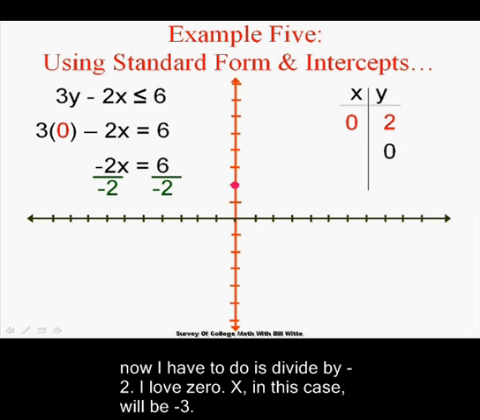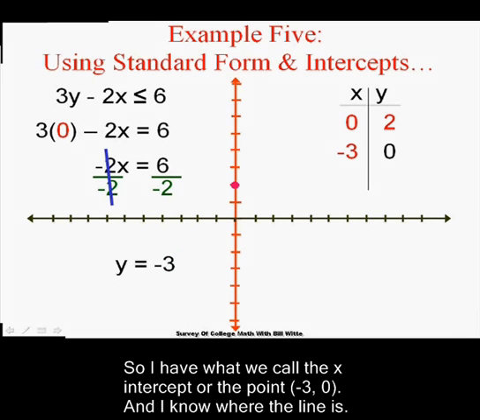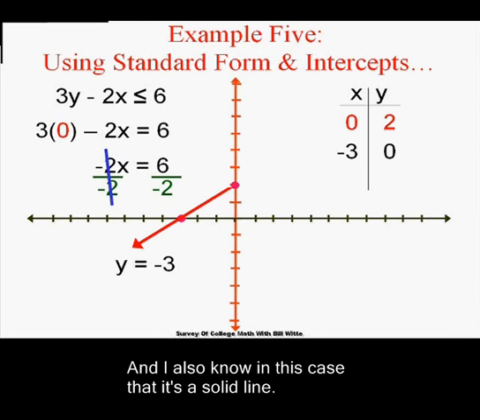You love 0. That'll cancel, and x in this case will be -3. So I have what we call the x-intercept, or the point -3, 0. And I know where the line is. I also know, in this case, that it's a solid line.